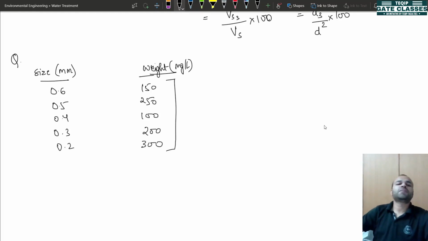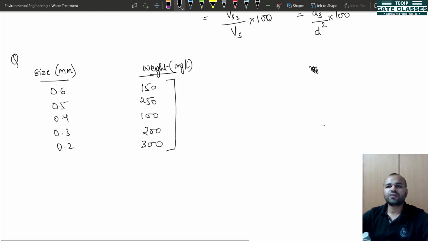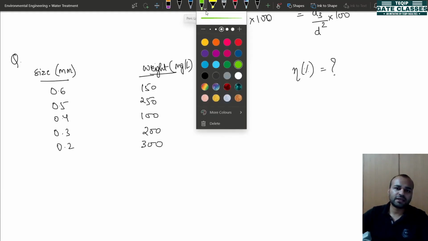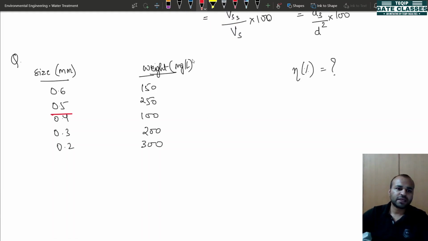Okay, now based upon it, you need to find out what will be the efficiency in terms of percentage of sedimentation. Can you find it out? Please try it. How will we find out? The only given value that is available with us apart from this is that the concerned size is 0.4.